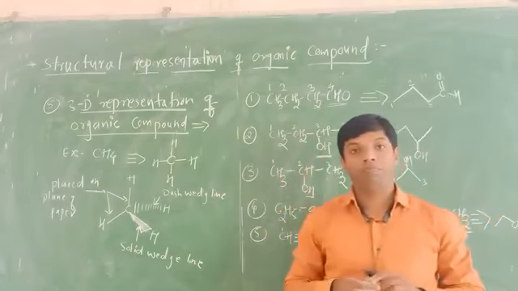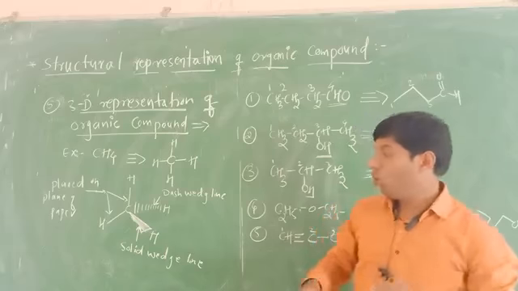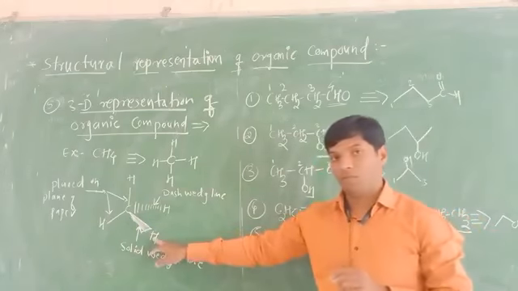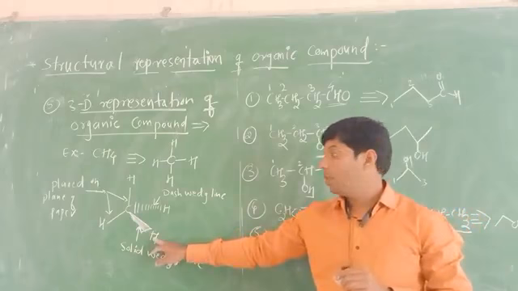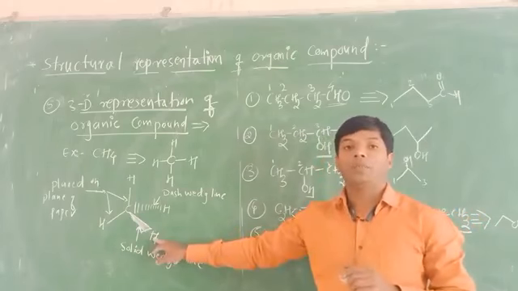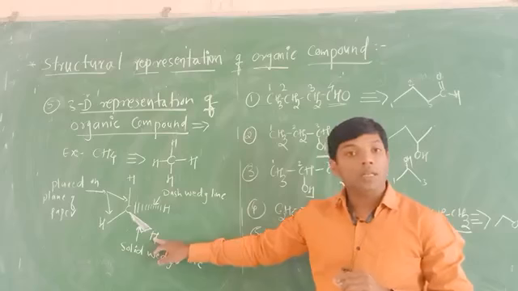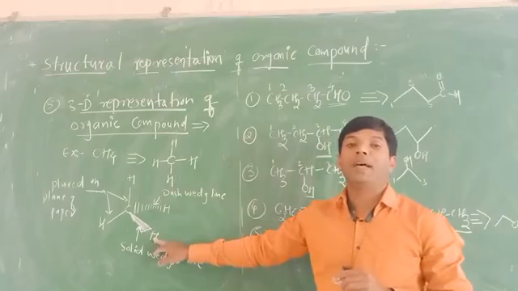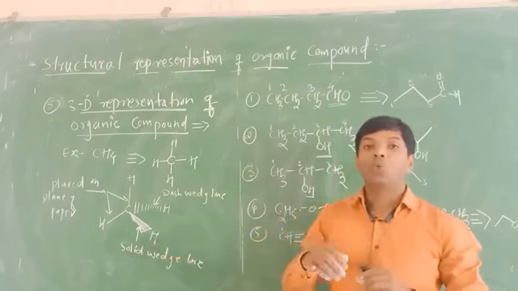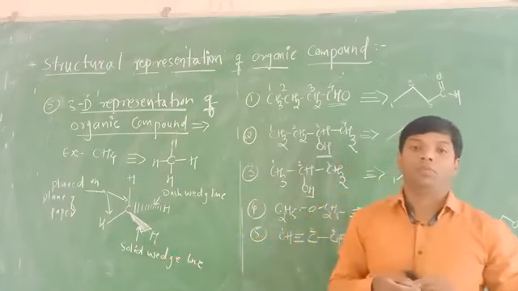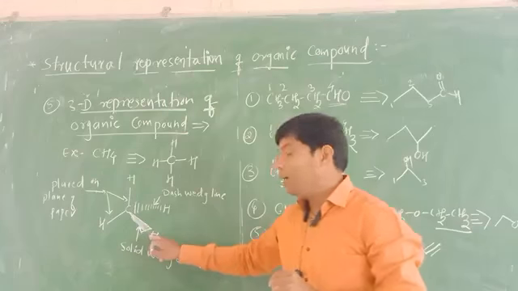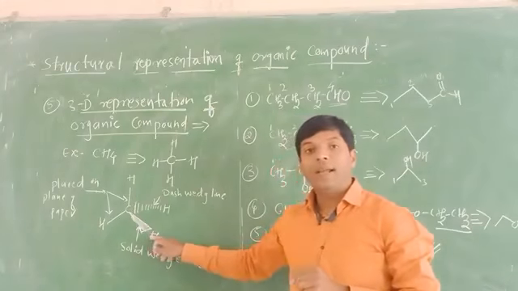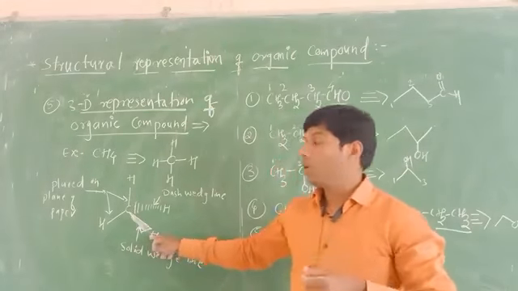Another bond is shown by a solid wedge. What does the solid wedge indicate? A solid wedge in the 3-dimensional structural form indicates that the bond is towards the observer.